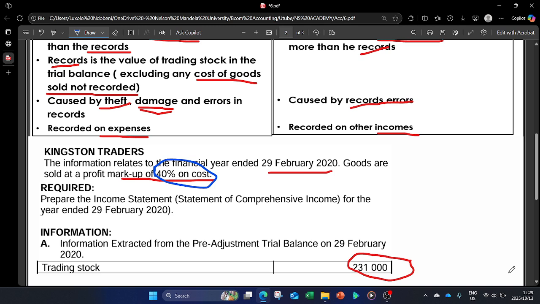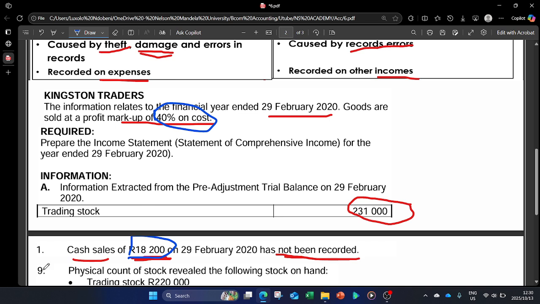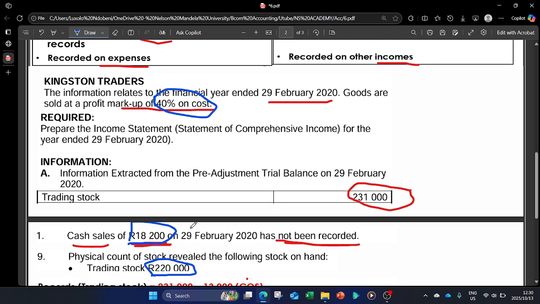Okay, we are just reading through our adjustment. Then number 9, the physical stock count as revealed for the following stock on hand. So trading stock that was left is 220,000. This is the physical stock count.